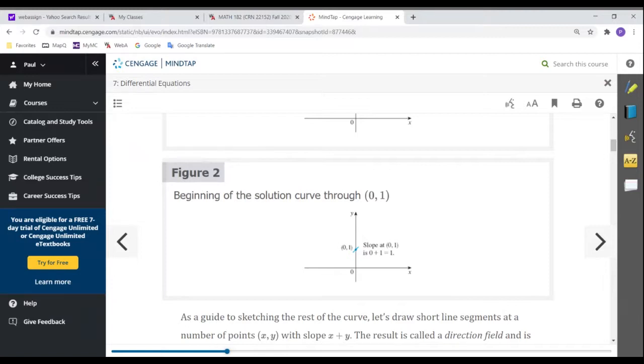The point we're talking about is 0, 1. So that means that a tangent line to the function at 0, 1 would have to have slope 1. And that's what they've drawn in figure 2. Are there any questions on that? Are there any questions so far on this idea?